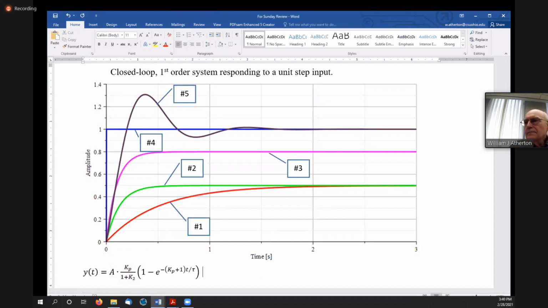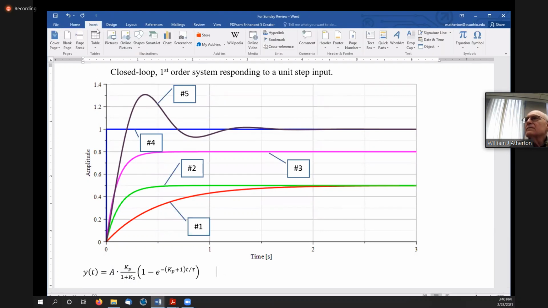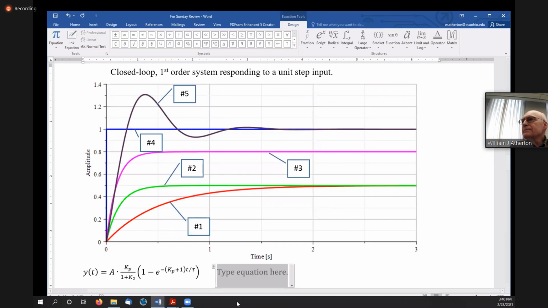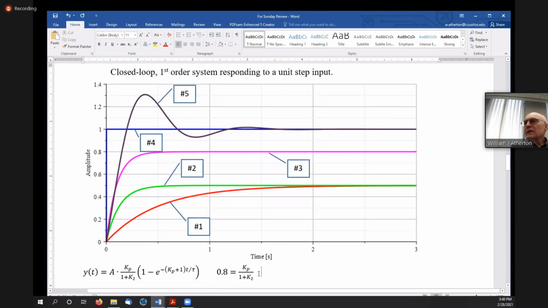Well, let's see, the response is 0.8. 0.8 is equal to this. So what's KP equal to?